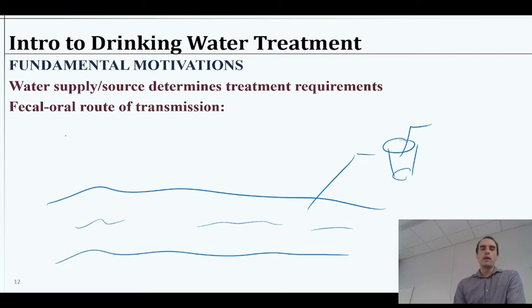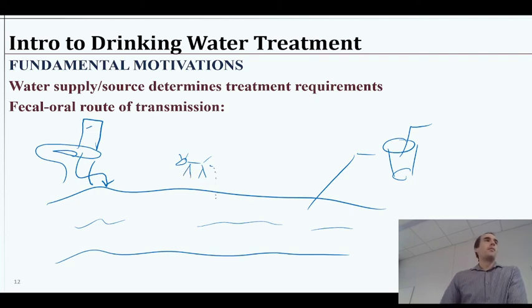Well, it turns out that upstream, invariably, somebody is using that water, and there's excrement, right? And more than likely, there's also some little animals, right? And I'm such a great artist, so I'll treat you to my little stick figure drawings here.